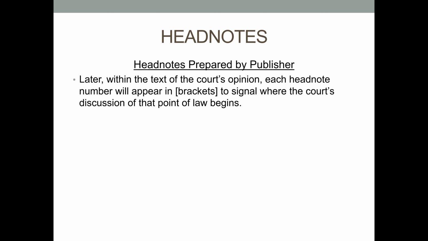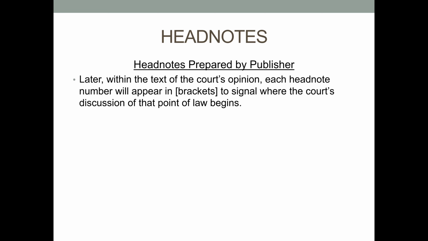Now later, when we actually get to the court's opinion, after all of the head notes have been set forth, then you will notice that at certain points in the text of the opinion itself, there will appear in square brackets a numeral. And that numeral will correspond to the head note number of one of the head notes.